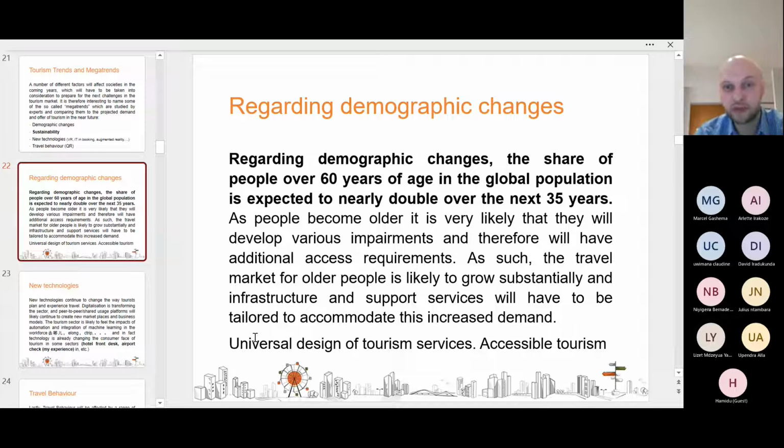The share of people over 60 years of age in the global population is expected to nearly double over the next 35 years. Let's take into account China. As you know, there was a policy, one family, one child. There was only one exception. If you are representing the minority, you were allowed to have more than one kid.